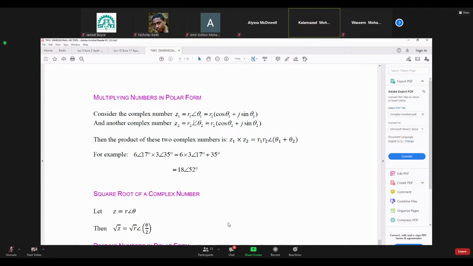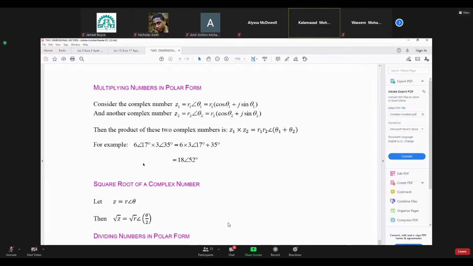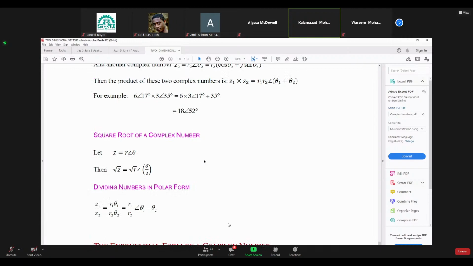You multiply the modulus, okay, and you add the angles. All right. So for example, you have 6 into cos 17 plus j sine 17 plus 3 into, you just simply multiply the modulus and add the angles.